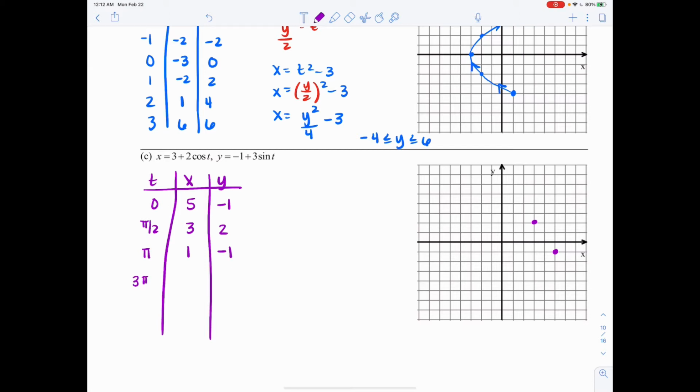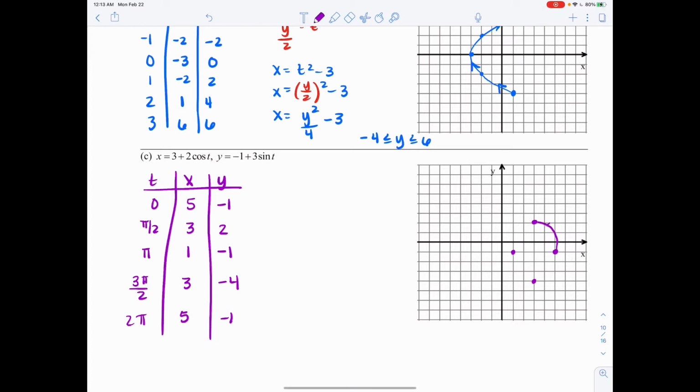And if I plug in 3 pi halves, I should get 3 and -4. And interestingly enough, when I get to 2 pi, I'm back at 5, -1.